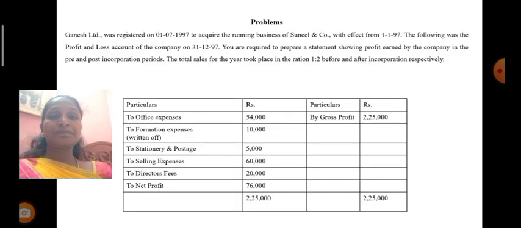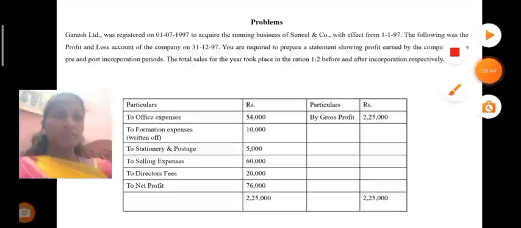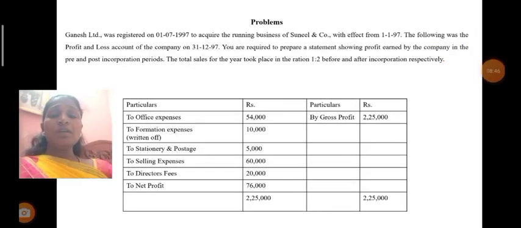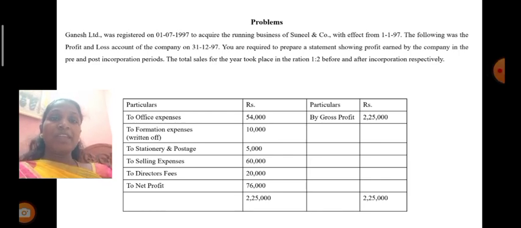Here, first we need to find the time ratio and sales ratio. How should we find the time ratio? We have to take the dates in the given problem. The date the Ganesh Limited was registered, 1-7-97, is referred to as the incorporation date.